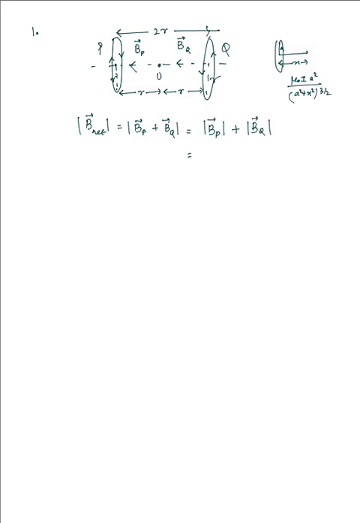Now here the value of x is equal to r and a is equal to r as well. So all we have to do is mu naught times I times r squared over 2r squared raised to the power 3 over 2.